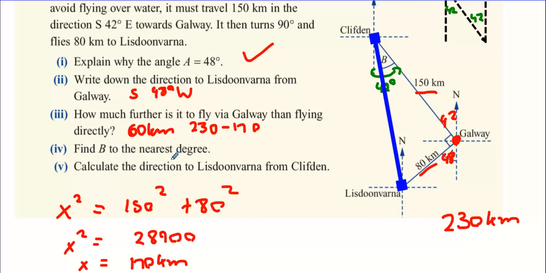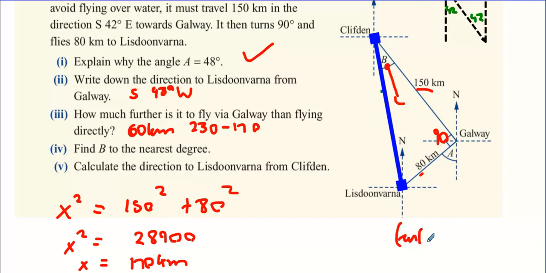Calculate b to the nearest degree. Well, that's actually quite easy. I'll tell you why. Because if you look at this here, we found out earlier that this is 90. Oh, we can use tan inverse. If you look at angle B, lads, the opposite is 80 and the adjacent is 150.